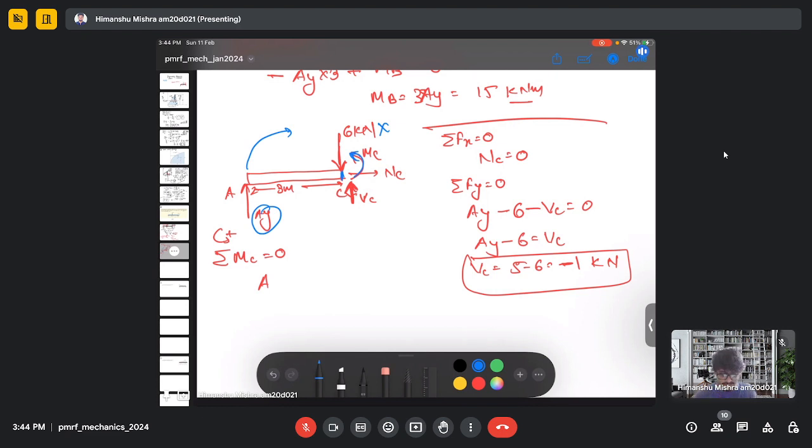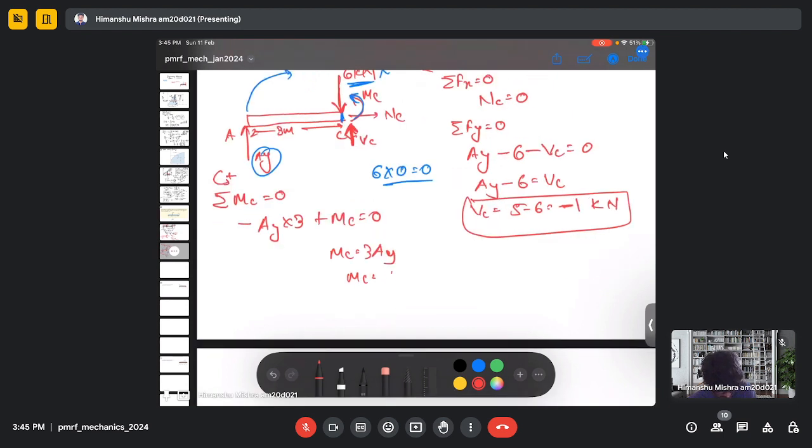The normal distance is 0. So it is like 6 multiplied by 0, and there will be 0 movement from this force. So it will be Ay minus MC equals 0. So it will be 3Ay, and the moment here is 15 kilonewton meter.